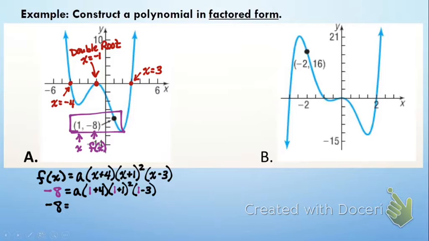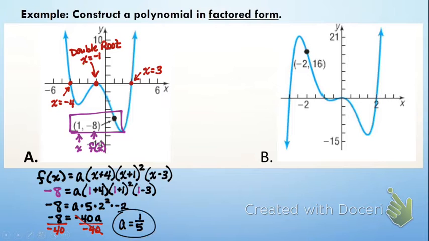So I've got negative 8 equals A times 5 times 2 squared times negative 2. 5 times 2 squared is 20, right? 20 times negative 2, negative 40. So I have negative 40A over here. What do I still need to do? Divide. I divide both sides by negative 40. Negative divided by a negative means a positive, and then I need to reduce that fraction, 1/5.